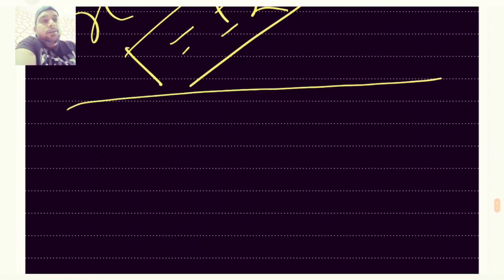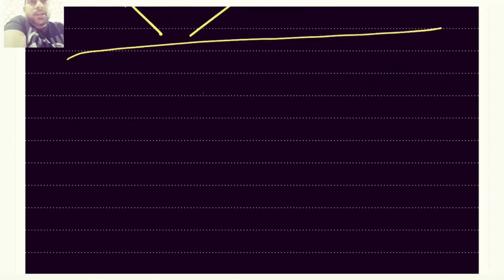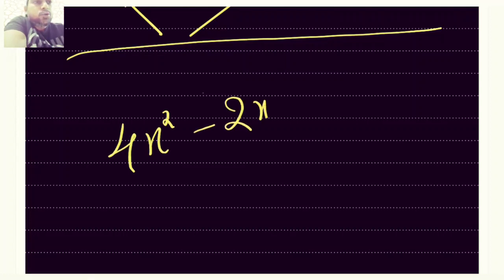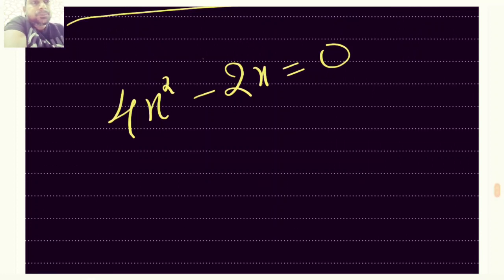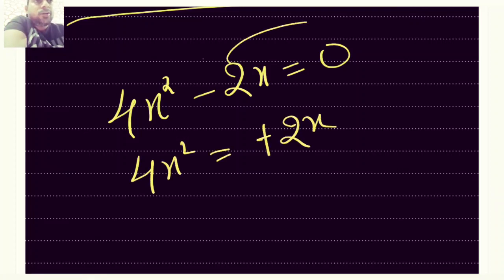Now another important thing I would like to tell you, suppose there is an equation 4x square minus 2x is equal to 0. Suppose this is an equation, right? Sometimes in the earlier classes we used to write 4x square is equal to plus 2x, because when this minus 2x goes to that side it becomes plus 2x.